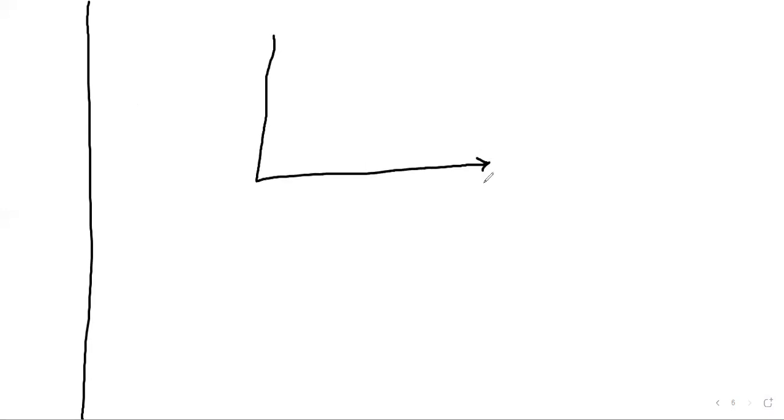Let us consider this is the direction of electric field and this is the direction of magnetic field. Now they are asking in which direction the electrons will move.